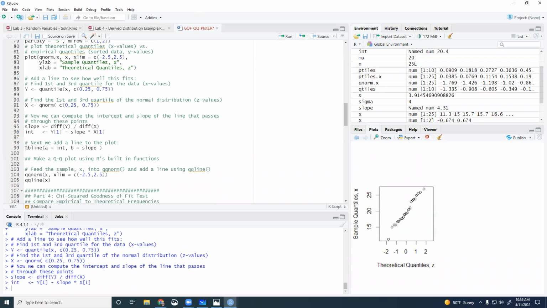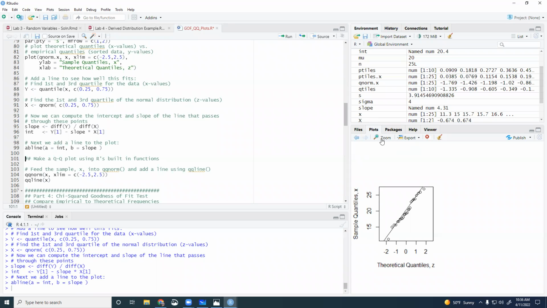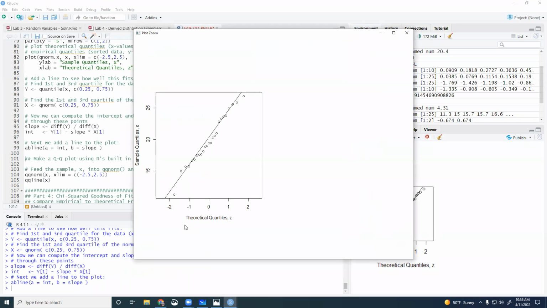And then we can use this abline function to just plot a line. So a is the intercept, b is the slope. This is just y is equal to, well, you know what I'm saying. If you give it two parameters, b the slope and a the intercept, it'll plot a line on a plot. So that's the fitted line right there.